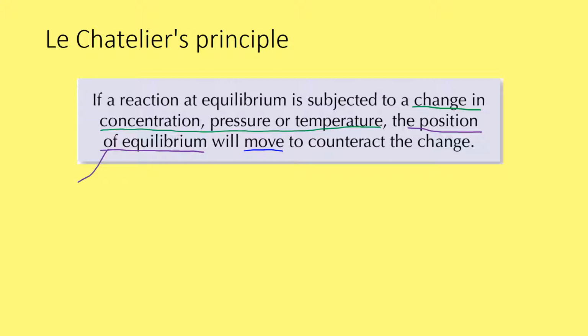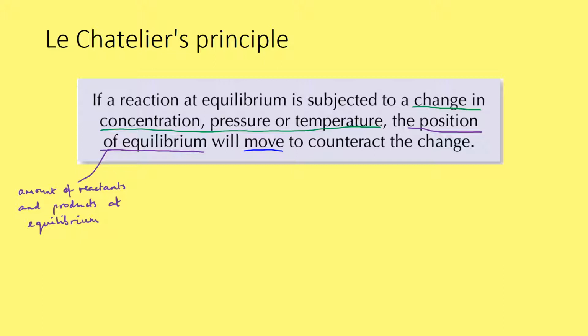So the position of equilibrium is just the amount of reactants and products at equilibrium. So if we say the position of equilibrium will move, that just means that at equilibrium we've got a certain amount of reactants and products, the concentrations of which are not changing.